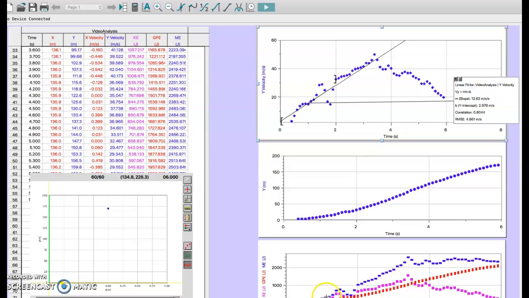And we see that the potential energy here continually rises, gets higher and higher, because the higher you go, the more the gravitational potential energy is.